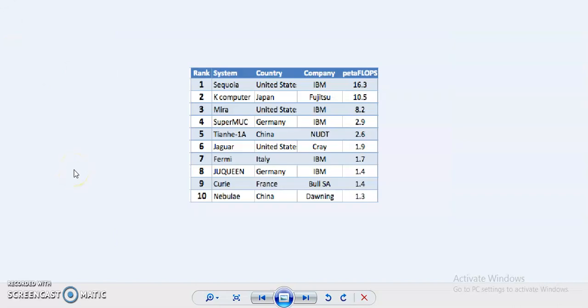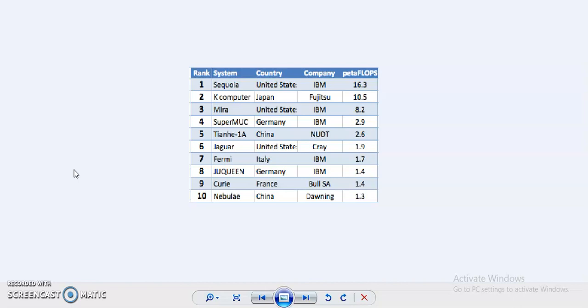Studying more about supercomputers, I have downloaded a list of the world's fastest supercomputers according to rank. The first is Sequoia, made in the United States of America, built by IBM. And the speed you see is 16.3 petaflops. And next is the K Computer, made in Japan by Fujitsu.